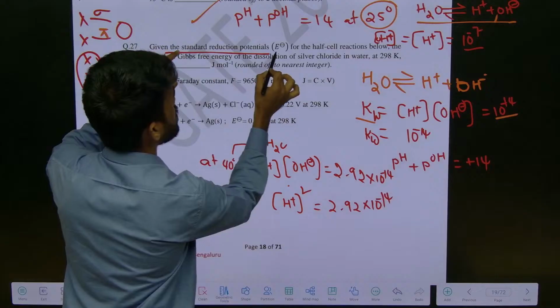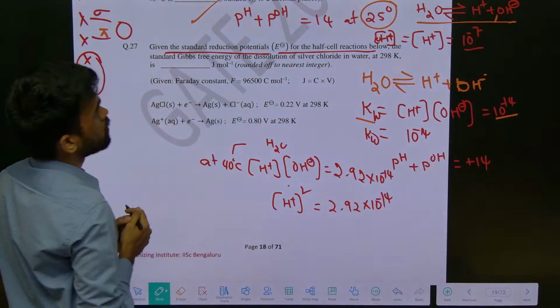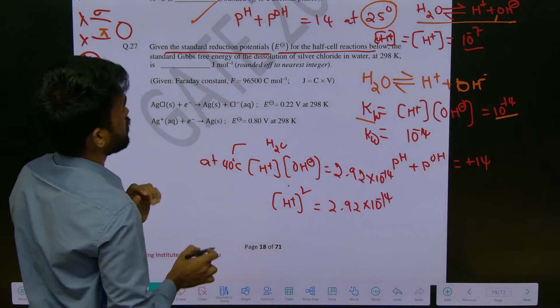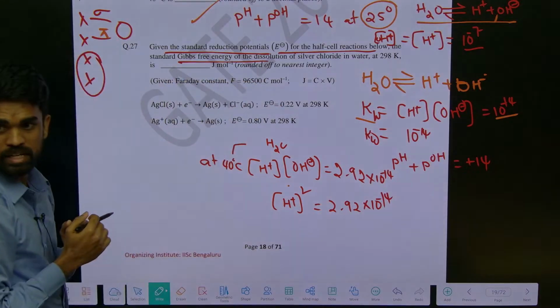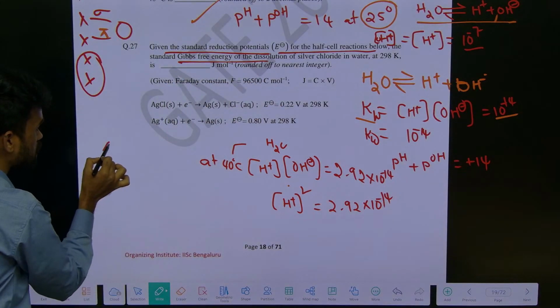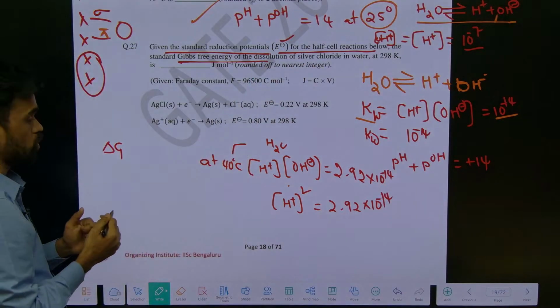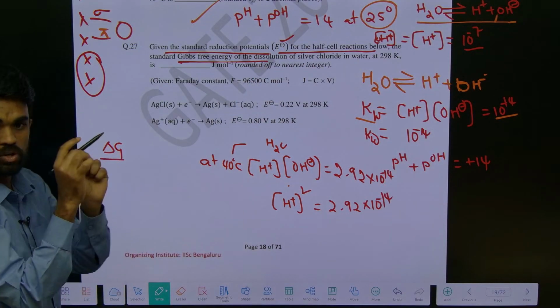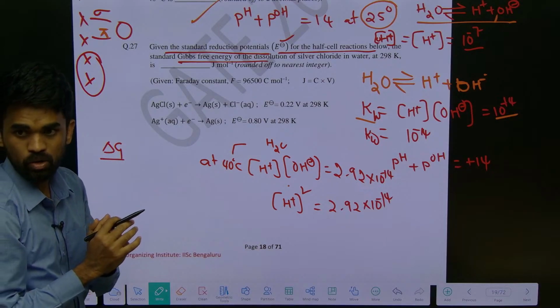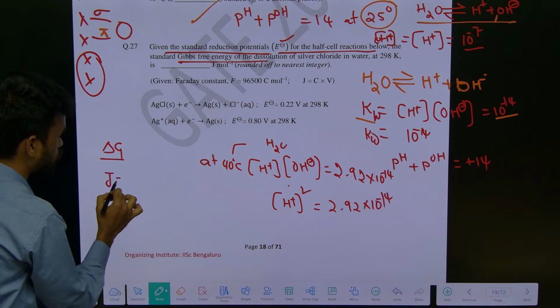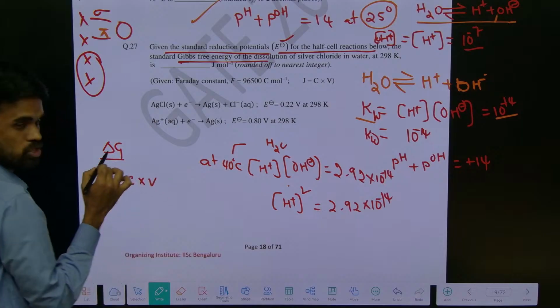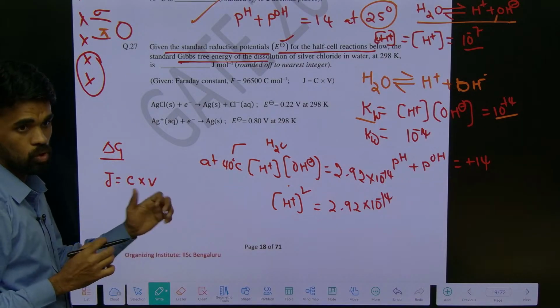The standard reduction potential values for this cell are given, and they are asking for the Gibbs free energy for the dissolution. See, whenever they are asking for Gibbs free energy by mentioning potentials, you can use this. Energy means we know joules will be the energy. So you can write 1 joule equals charge into potential, like coulomb into voltage.